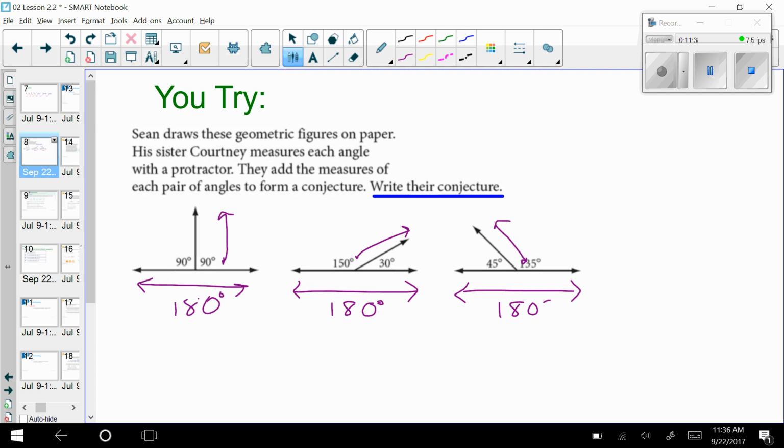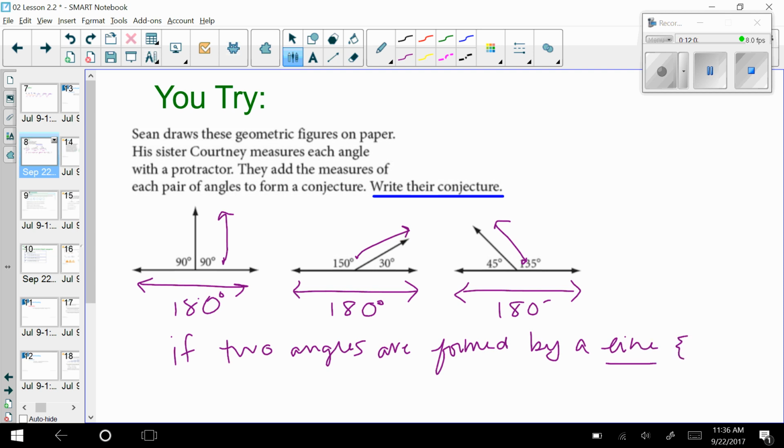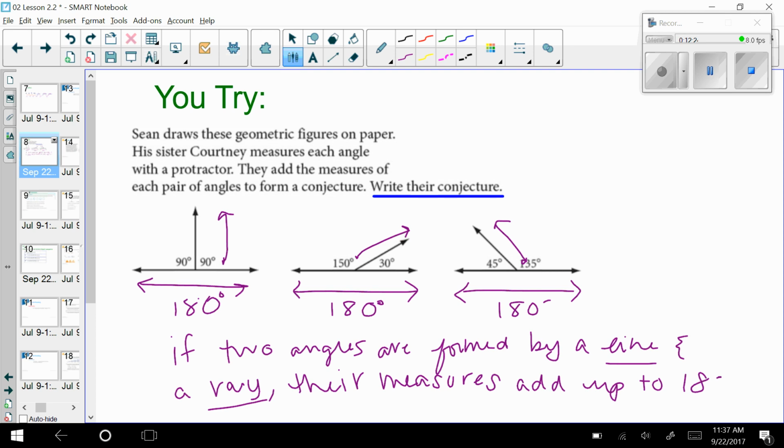So their conjecture that they would have found was that if two angles are formed by a line and a ray, their measures add up to 180 degrees. This is a degree sign.